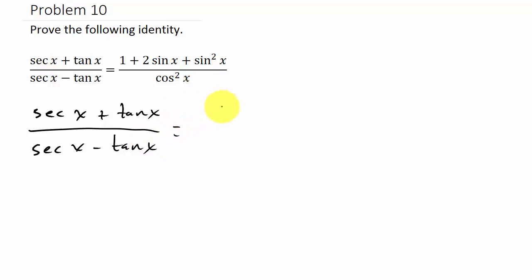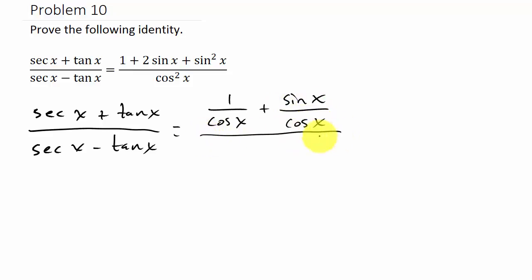So this is going to be 1 over cosine x plus sine x over cosine x, over 1 over cosine x minus 1, minus sine x over cosine x.